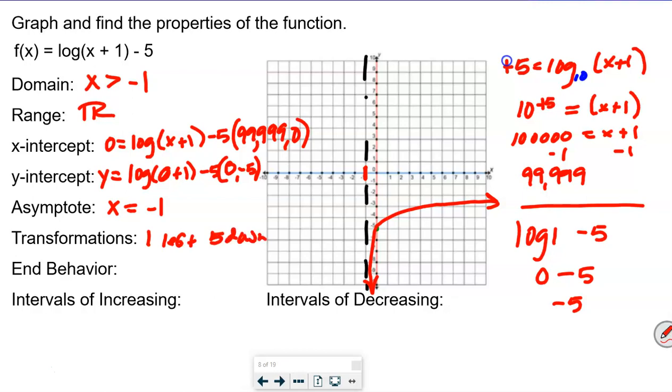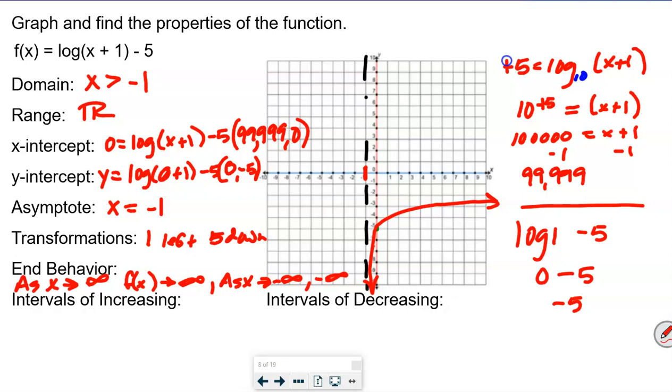And behavior, okay, so as we move right, as x approaches infinity, what happens to f of x, y'all? F of x is going up, yep, so it approaches infinity. And as x approaches -1, what is this approaching? It's approaching -infinity. Notice that? Okay, so then is the graph going up or down?